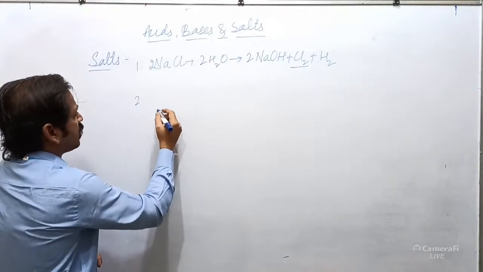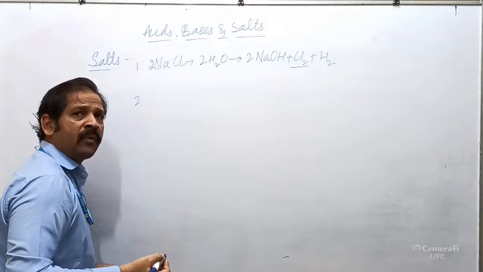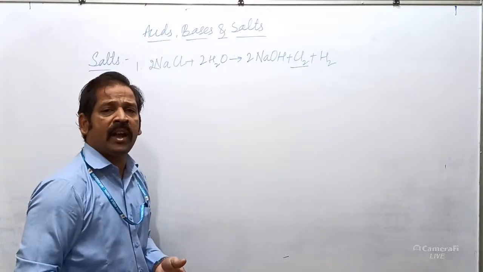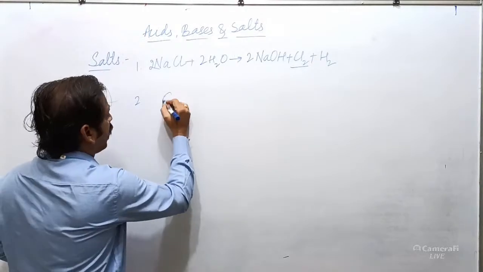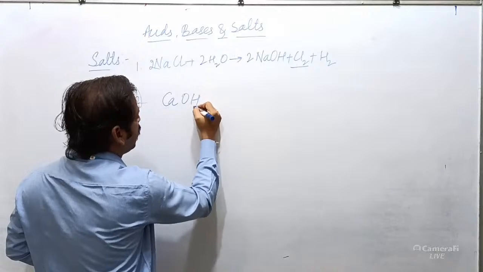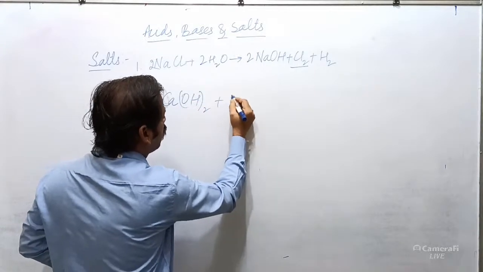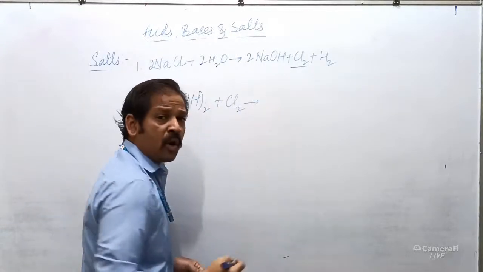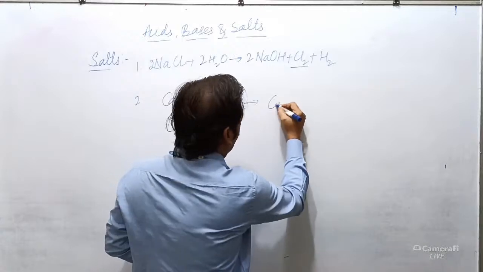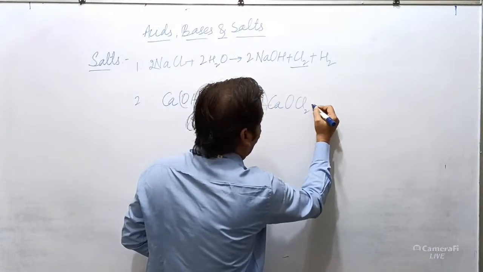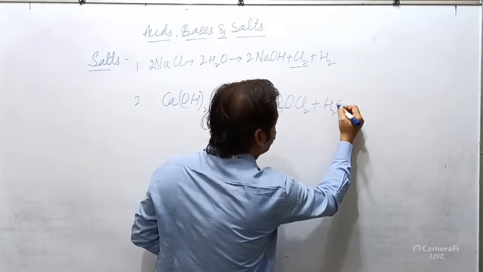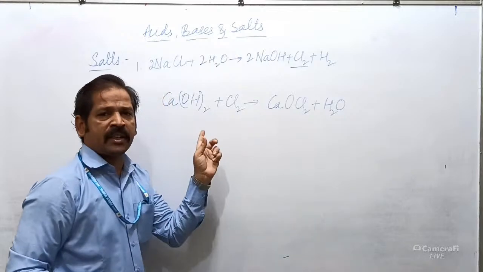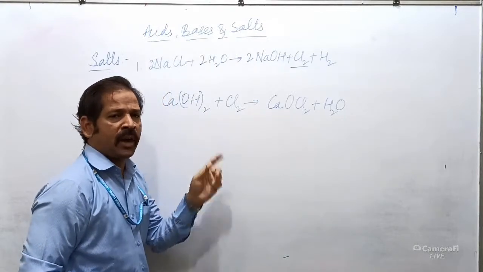It is prepared with the help of calcium hydroxide and chlorine. Calcium hydroxide reacts with chlorine to form calcium oxychloride and water.